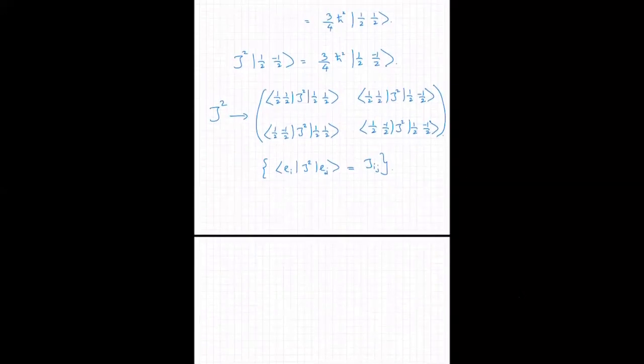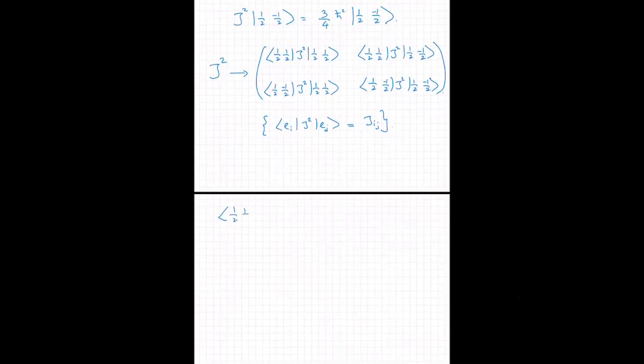You already know that this is going to be a diagonal matrix because we are expanding it in the eigenkets of J square. So by definition, if you expand something in the eigenkets of a particular matrix, you're going to get a diagonal matrix. That is the very essence of diagonalization of a matrix. So for example, if you evaluate ⟨1/2,1/2|J square|1/2,-1/2⟩, J square acting on |1/2,-1/2⟩ is going to give you 3/4 h bar square times the ket, and since these are orthogonal eigenkets, this is equal to 0.